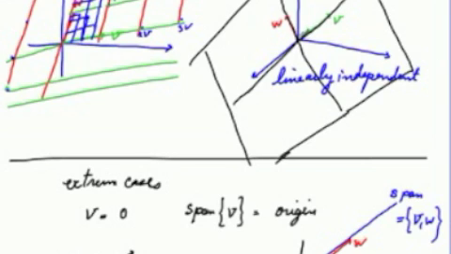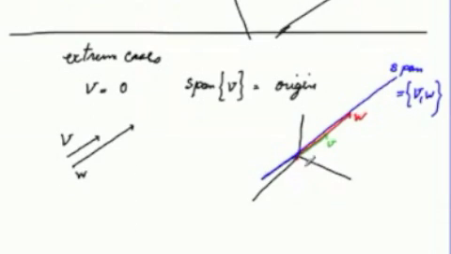Independent means each of them is going a different way. None of them is copying the other one. None of them is redundant. If you remove one of them, your structure does collapse. The whole span cannot be supported. This kind of situation, when one of them can be written as a linear combination of the other ones, or in this simple case, one of them is simply a multiple of the other one, is called linearly dependent.